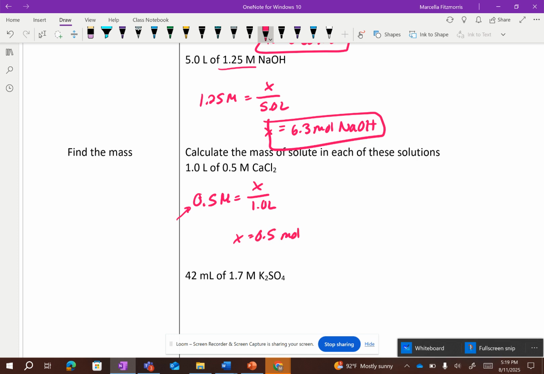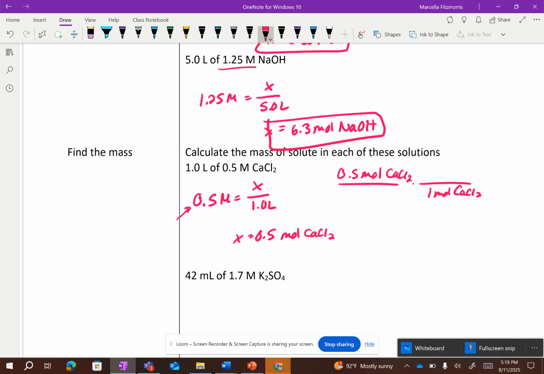Okay. And this is CaCl2. Now, if I want to find grams, I've got to convert that to grams by knowing there's 1 mole of CaCl2. Whoops, I just realized I didn't write the full thing here. I'm going too fast for my own good. CaCl2.